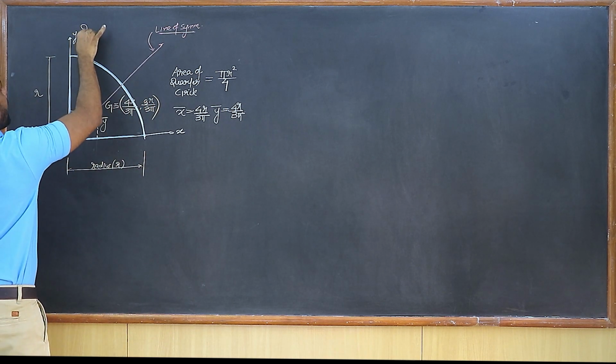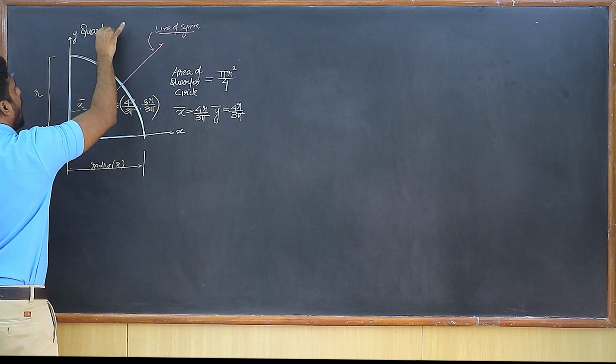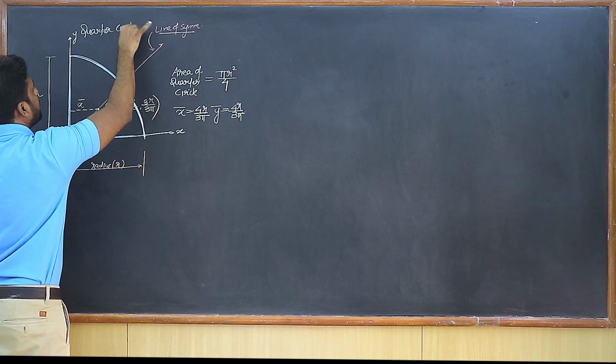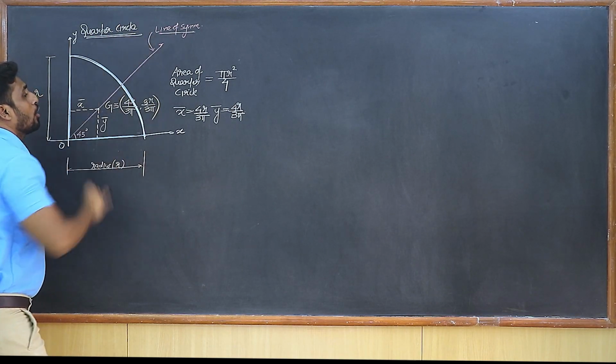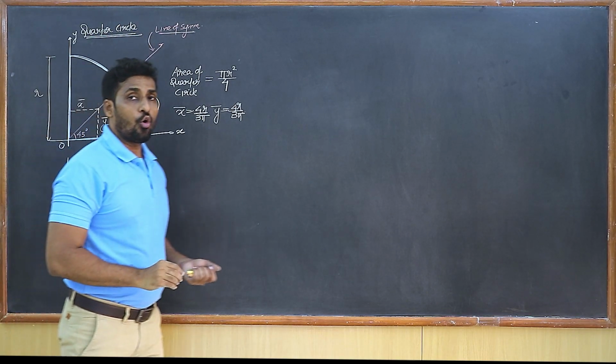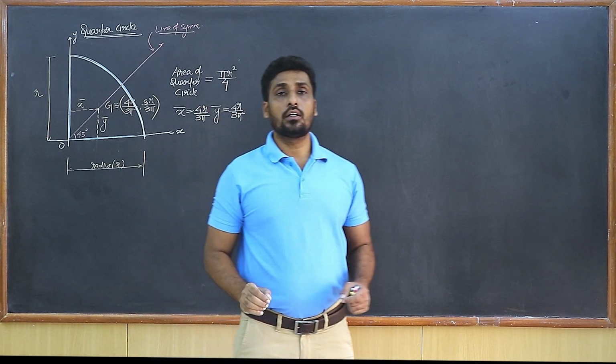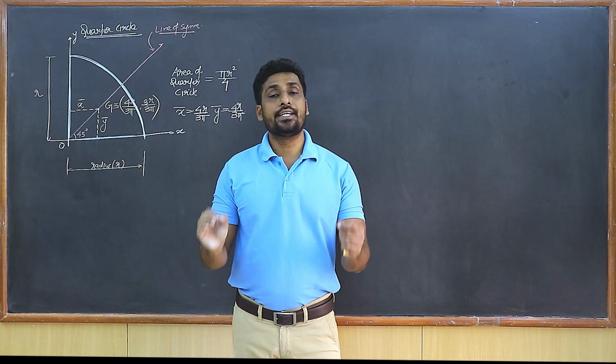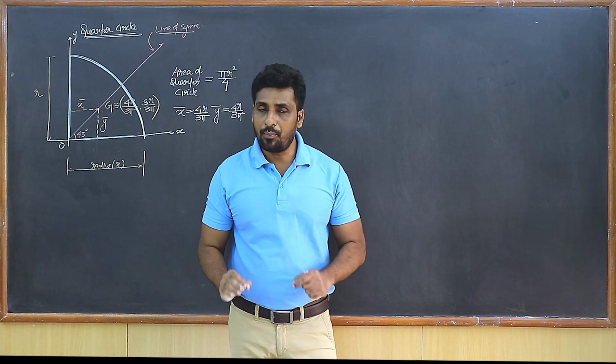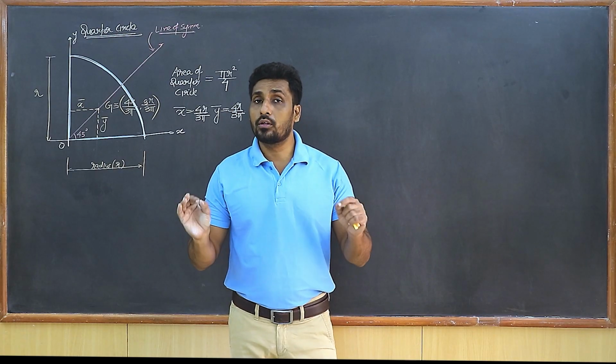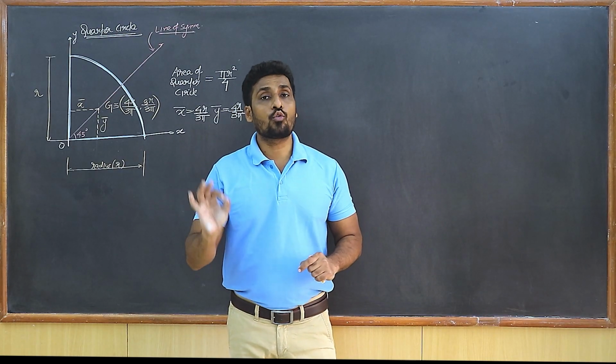So students, what have we learned here? We have learned how to find the centroid of a quarter circle. So always remember the note: the centroid of a quarter circle is going to lie at a distance of 4r upon 3 pi from both the radii of the quarter circle.